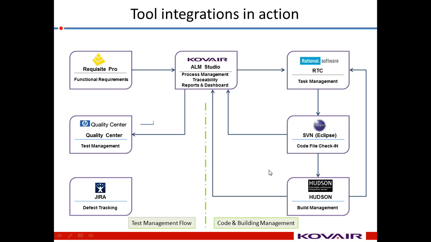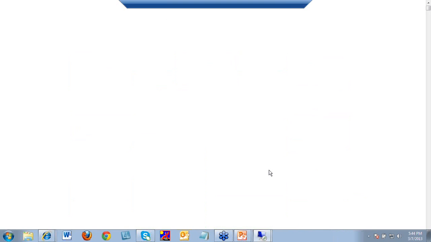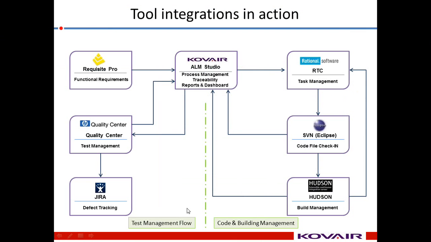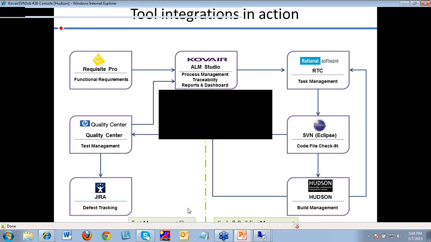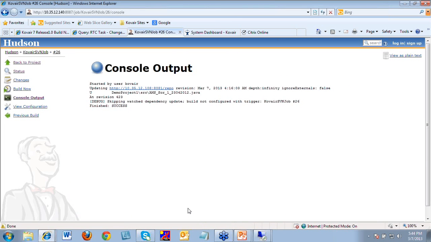So currently it's in this stage, and here you can see the defect caused due to the quality center or the test management. It's now flowing into Jira, and it's also reflected back to the Kovair LM tool. So now taking to the Jira tool, let me log in.